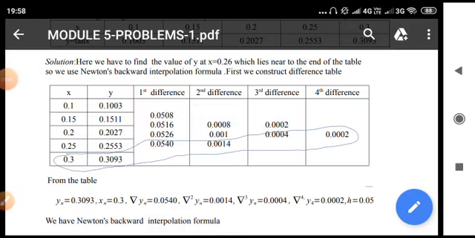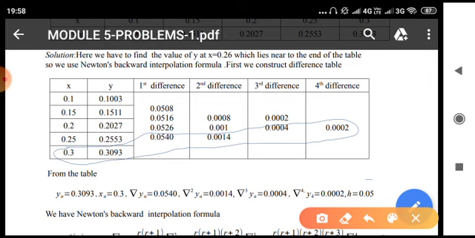Since we are using Newton's backward interpolation formula, the required values for the formula are at the bottom of each column. That is, yn is 0.3093, xn is 0.3, del yn is 0.0540, del square yn is 0.0014, del cube yn is 0.0004, del 4 yn is 0.0002.